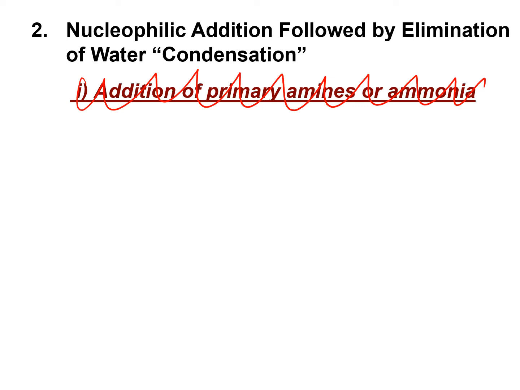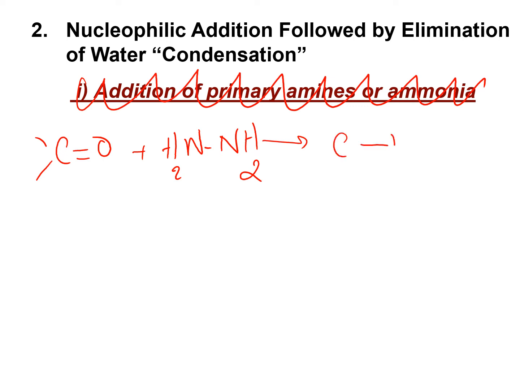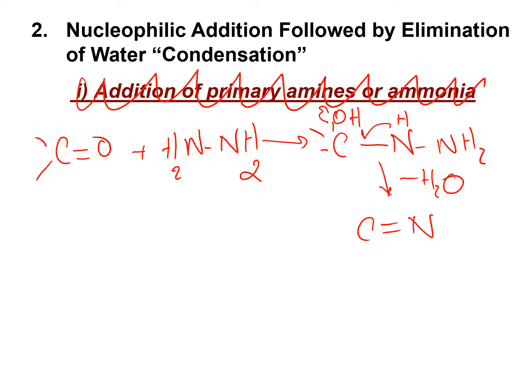So, in case of hydrazones, you have the carbonyl compound and you react it with the derivative of the amine, which is the hydrazine. What happens here is, first you have the N attacking the carbonyl, giving this compound, which will lose a molecule of water to give the hydrazone.